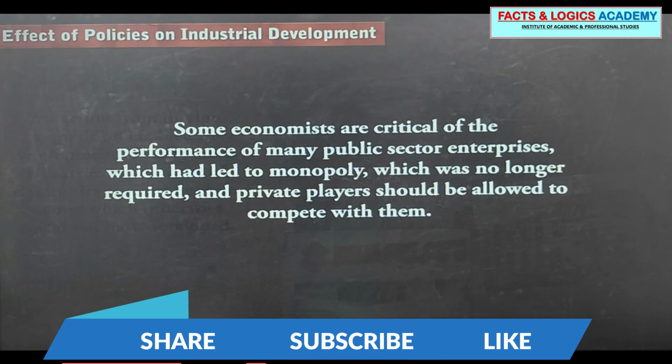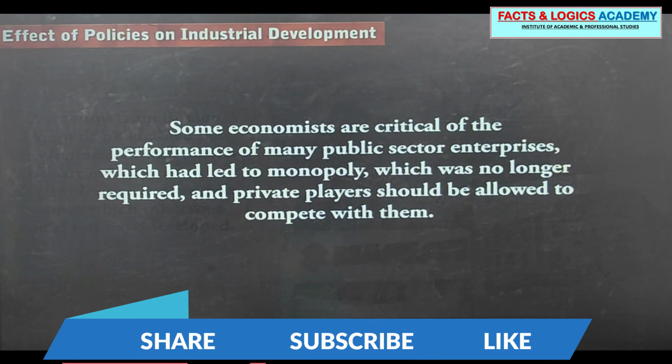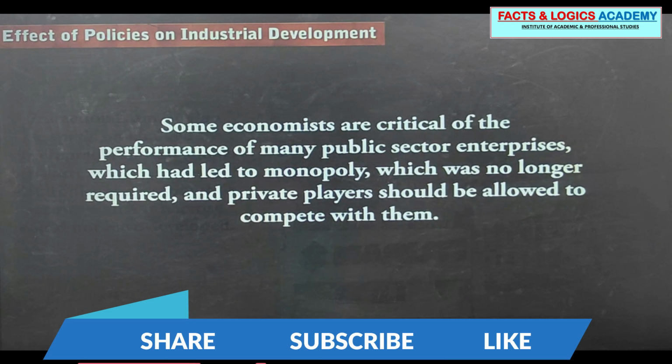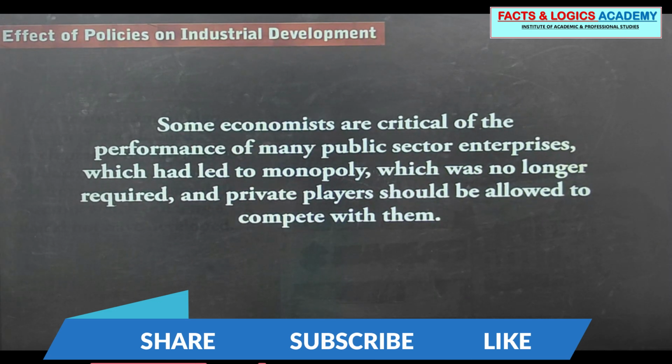However, some economists are critical of the performance of many public sector enterprises, which had led to monopoly, which was no longer required, and private players should be allowed to compete with them.